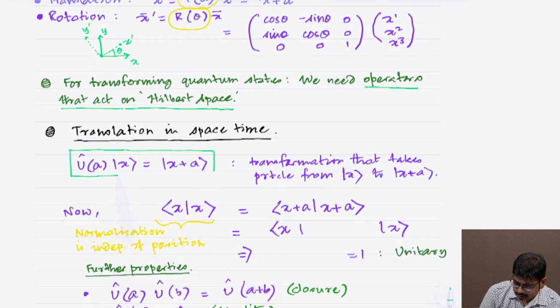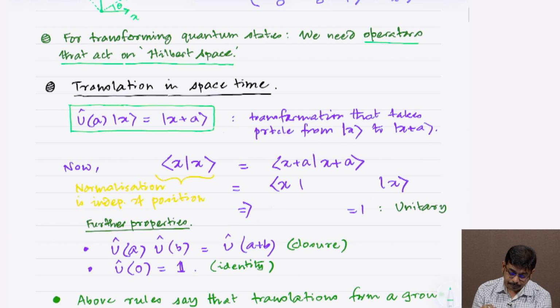You can say that this is the transformation that takes your particle from position x to position x plus a. Now, the normalization that we must impose on the quantum states is independent of position, so it is independent of whether you are at x or at x plus a.